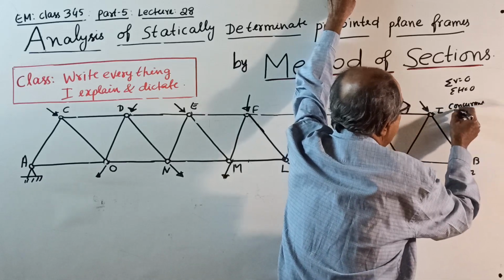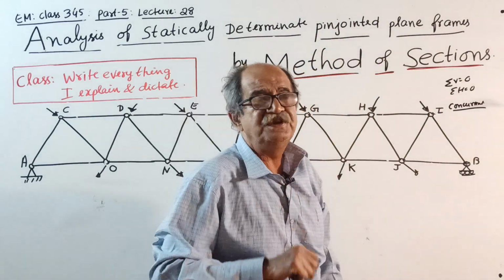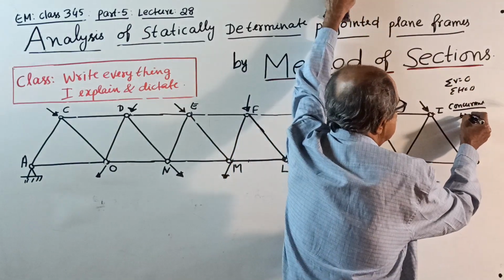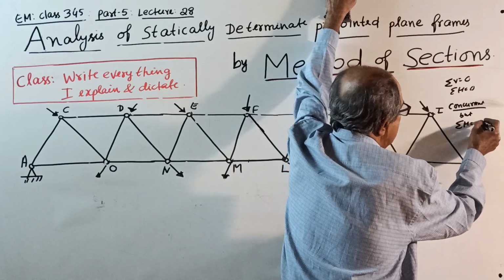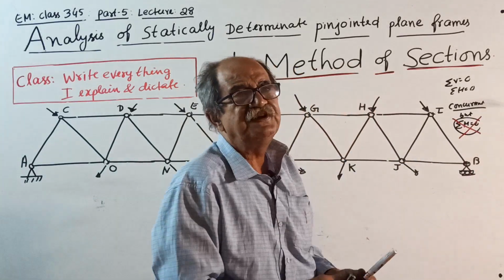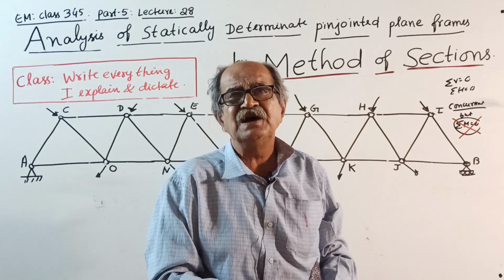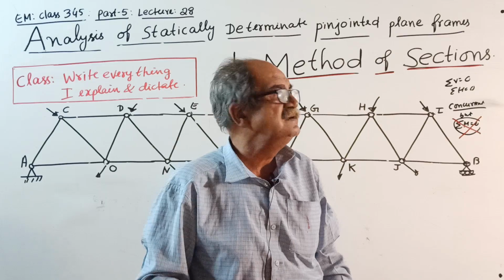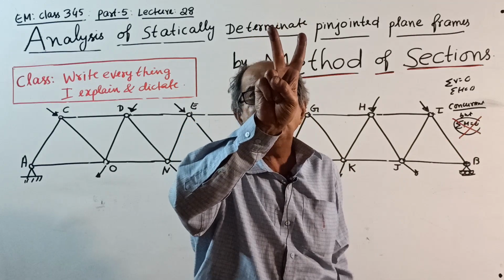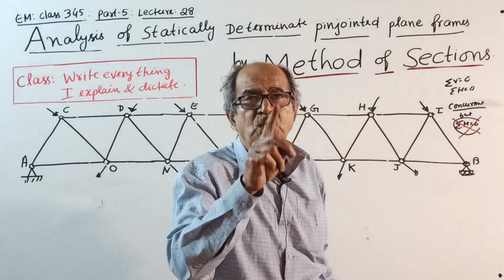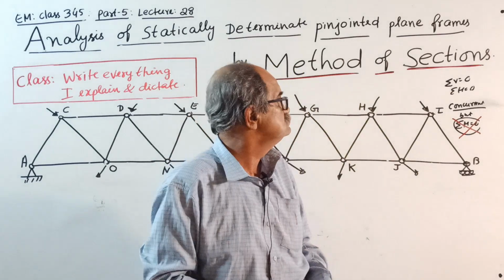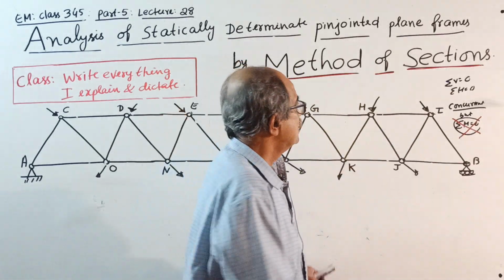In method of joint, we consider a concurrent force system for which sigma V and sigma H are applicable, but sigma M equals 0 is not applicable. Why? In a concurrent force system, there is no moment, since all the forces are passing through that point. How would you take moment? So only two equilibrium conditions. Therefore, the number of unknowns should not be more than 2. This all I told earlier.